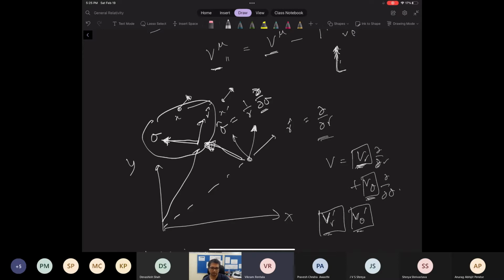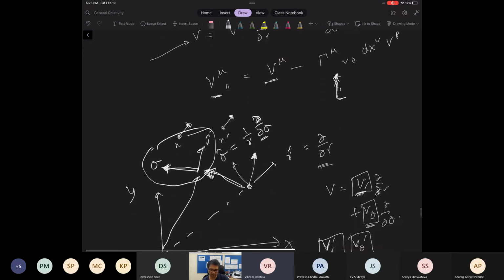That basically shows why you have this kind of connection. The vector is still the same. When I parallel transport it, it's pointing in the same direction. Whatever this direction is, it is the same direction here. These are parallel to each other. But because the coordinate system r hat and theta hat is rotated with respect to the original r hat and theta hat, the components of this vector have now changed.